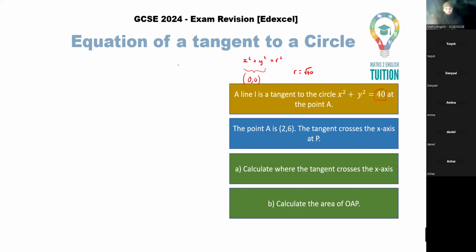If it was, for example, x minus 1 squared plus, let's say, y minus 2 squared, that means the center of the circle would have been 1 and 2, the coordinates 1 and 2, but it's not like that. We're talking about the origin being 0, 0. Just make dua that you don't get a question where the origin is any different from 0, 0. If you do, you have to understand this point.